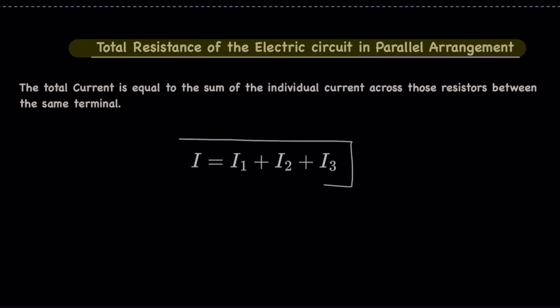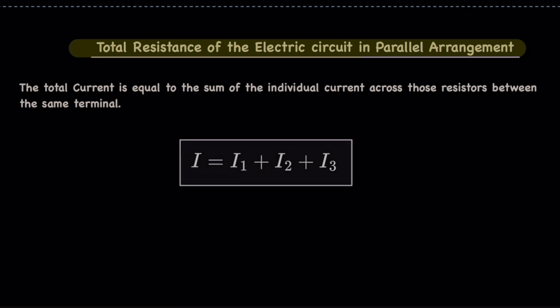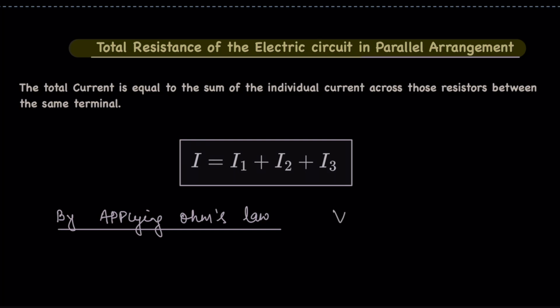Same thing is noted down here: I is equal to I1 plus I2 plus I3. By applying Ohm's law, we know that V is equal to IR.